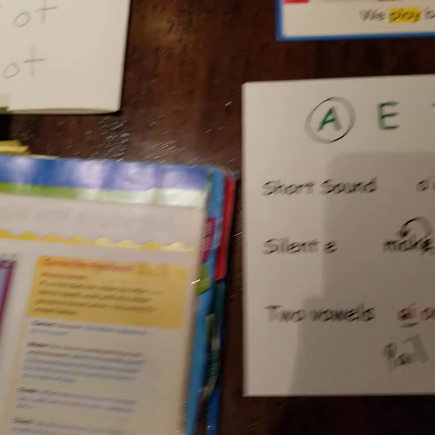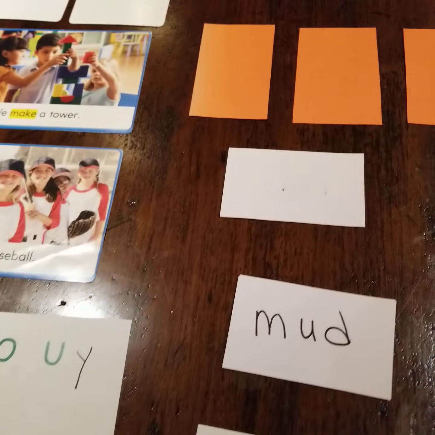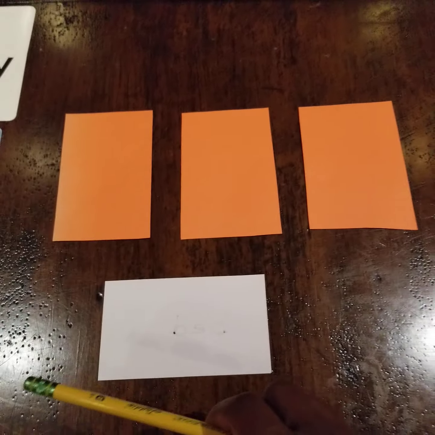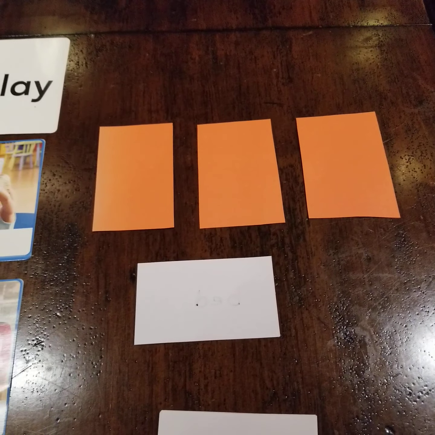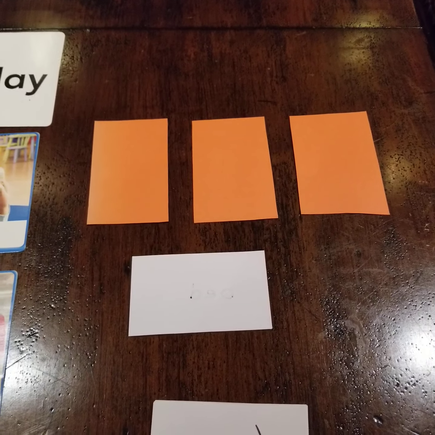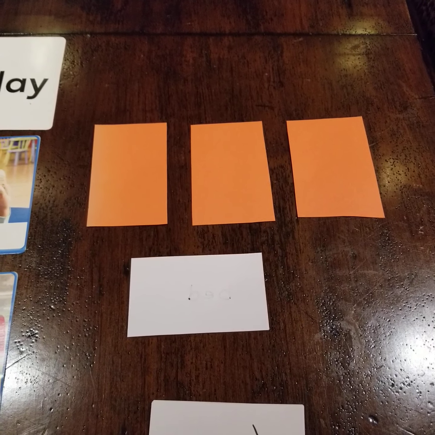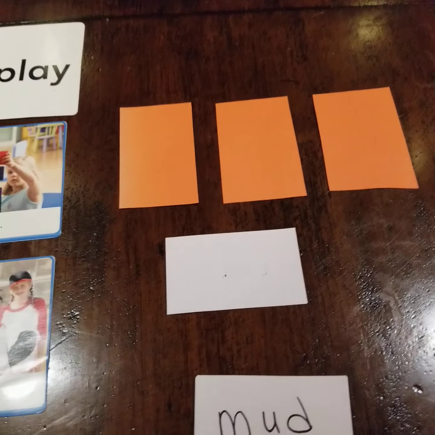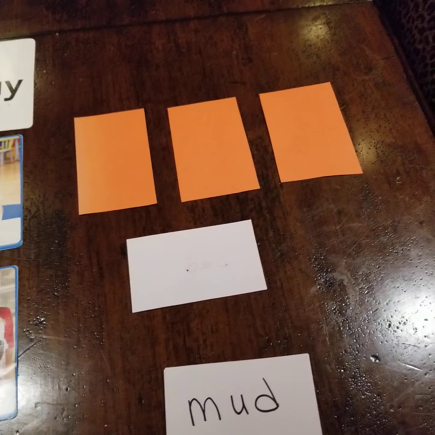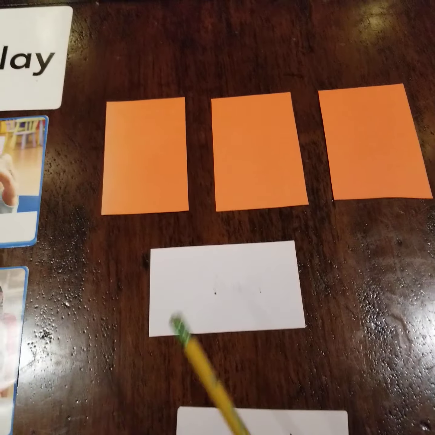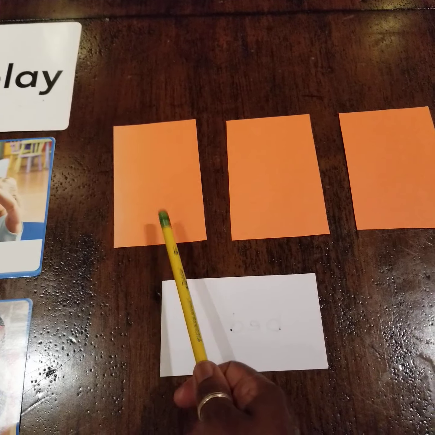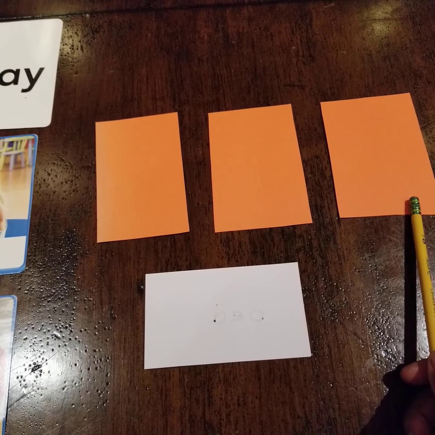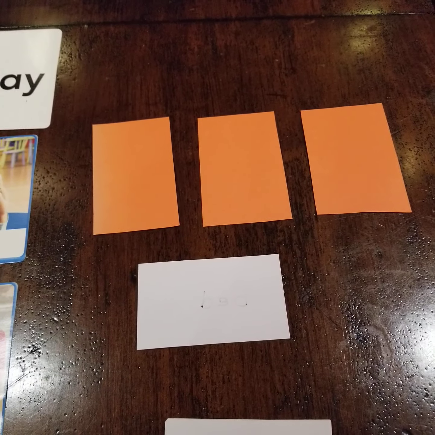All right, let's go on over and let's do some blending. Today is going to be a little bit different. You see, I have my 3 orange papers. They have nothing on them because I want you to really focus on the sound of the word versus really focusing on the letter of the word. So our first word we're going to spell is b-e-d. Now what word did I spell?